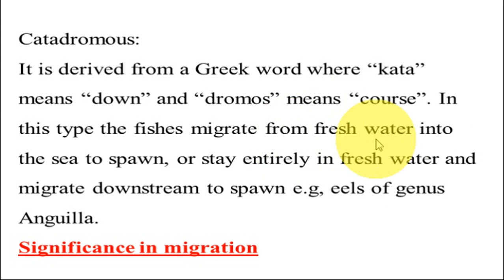Example: eel, Anguilla. These are the two types of fish migration, anadromous as well as catadromous. In anadromous, salt water to fresh water migration. In catadromous, fresh water into the salt water. Okay.